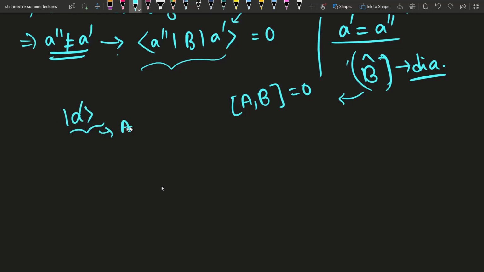eigenket of A, right? You can understand, when we apply the B operator on the eigenket of A, then what happens? If we express B in terms of the eigenkets, the matrix form of the B operator will look like this, with A double prime.